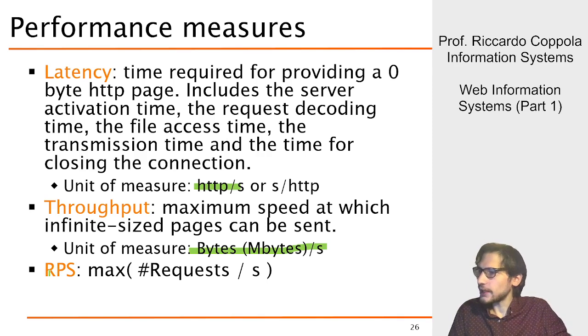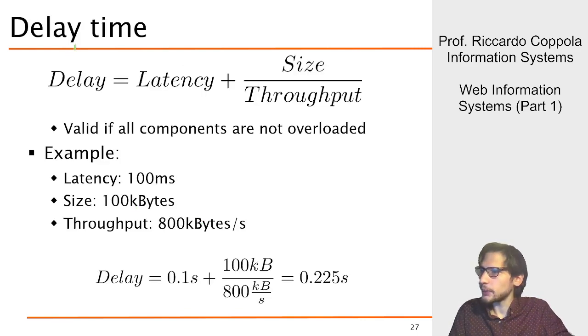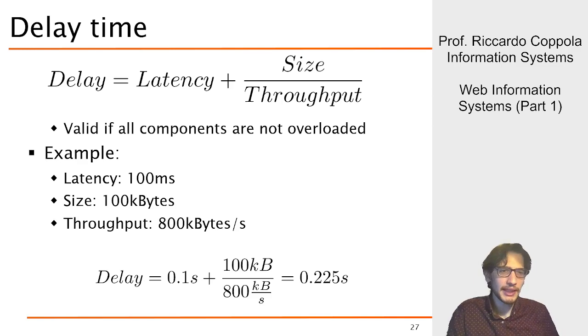Of course, through the latency and the throughput, I am able to compute the delay, which is the time that, from my browser side, from my client side, I need to wait before receiving my content.